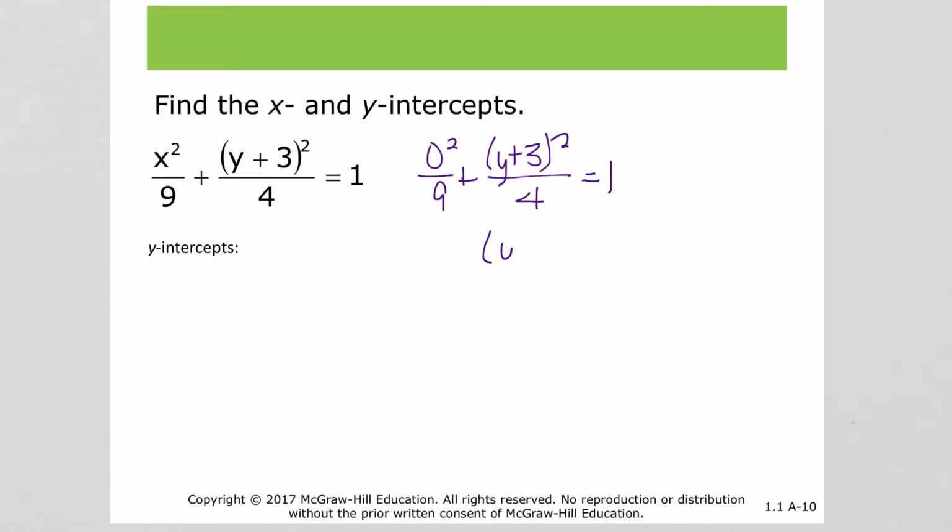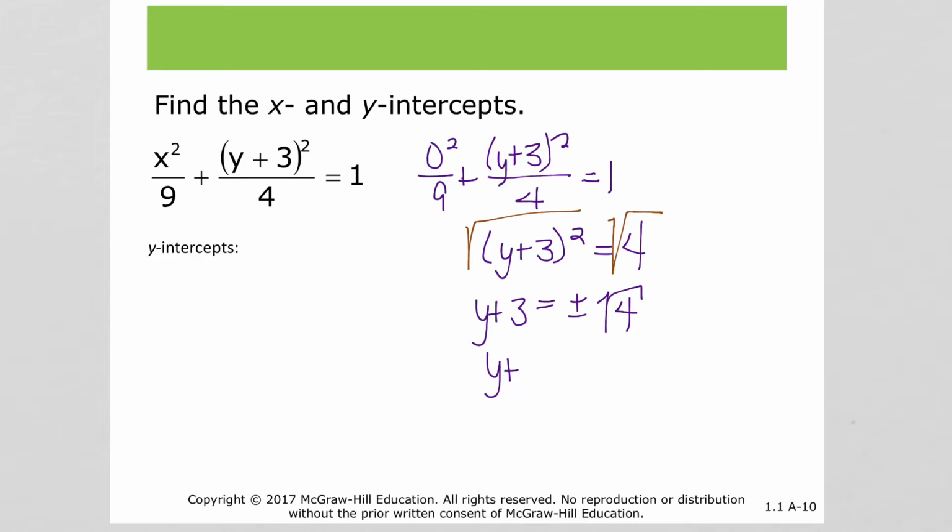So we have y plus 3 squared equals 4. Take the square root of both sides. And so we have y plus 3 equals positive or negative the square root of 4, which of course is positive or negative 2.